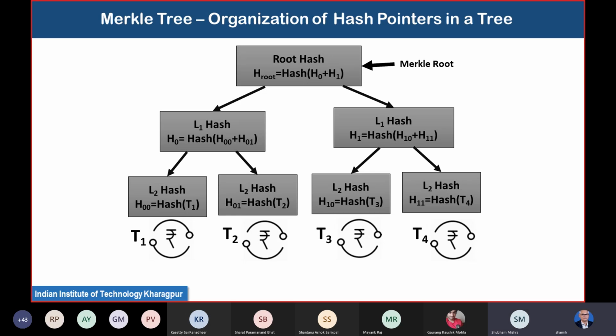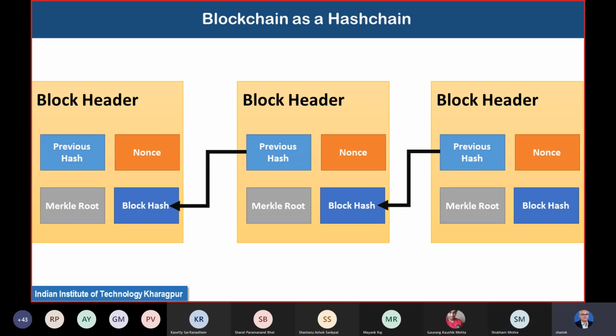Yes, sir. Okay. Now you see that if we have the Merkle root here, this block hash that we are showing here, this block hash is a hash of what? Again, I am saying that this is not the exact structure. We'll talk about it in detail later.